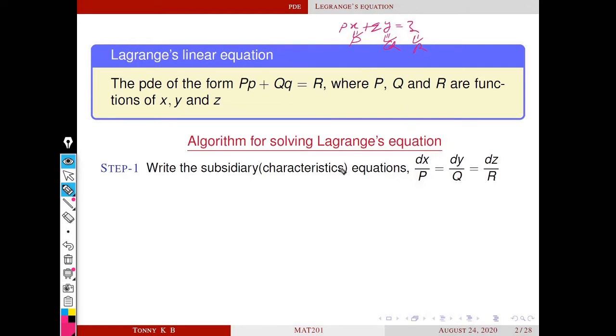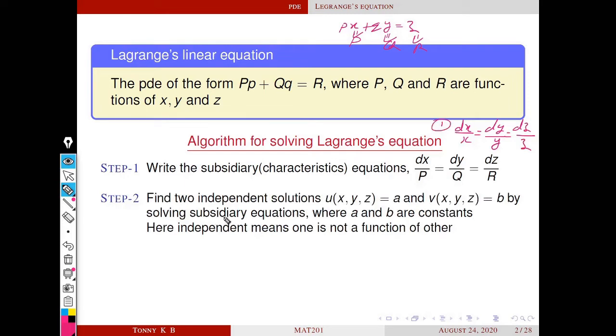So the subsidiary equations corresponding to this example are dx by x, dy by y, and dz by z. Okay, these are the subsidiary equations corresponding to this example.